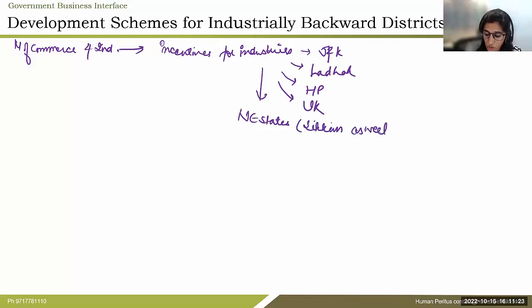This ministry has been setting up various schemes which provide incentives to these states for setting up industries there.